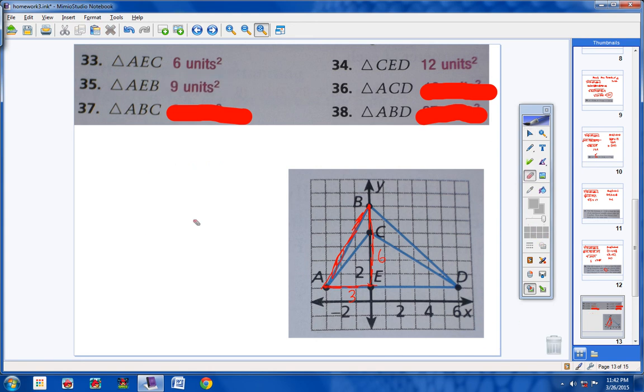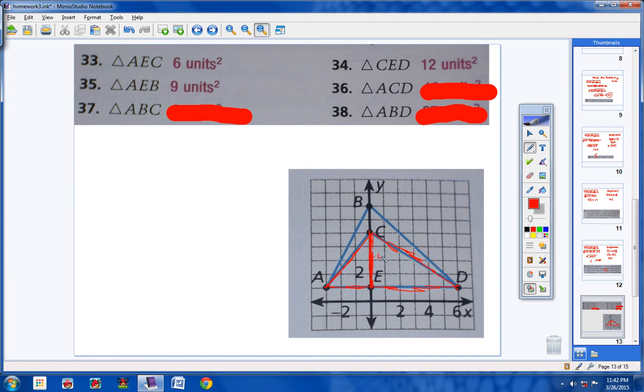Alright, let's try number 36. Triangle ACD. So A up to C, down to D. Well, first of all, guys, this has to be a perpendicular line. It's that y-axis that goes right up and down. So your height is 1, 2, 3, 4.